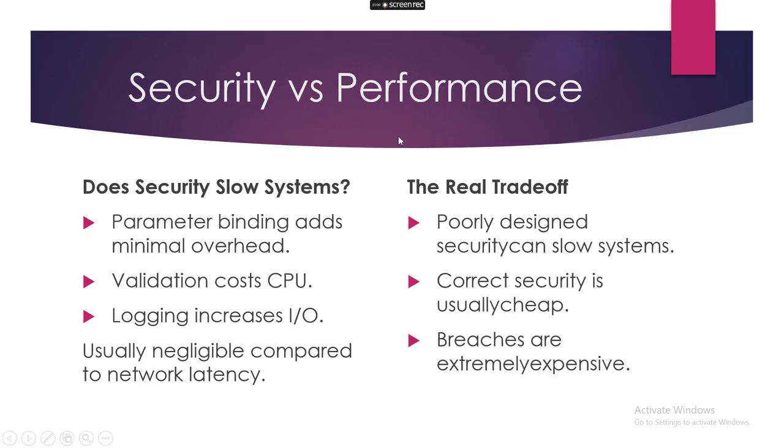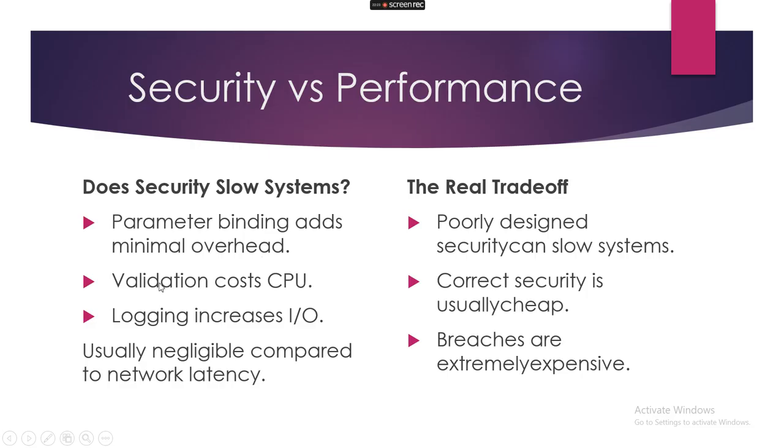So, security versus performance. Here we see that security slows the system, but at least these particular security measures don't slow it as much as network latency does. We have parameter binding at minimal overhead.